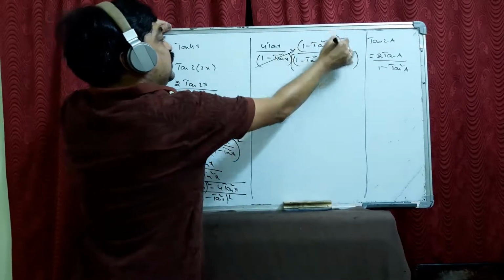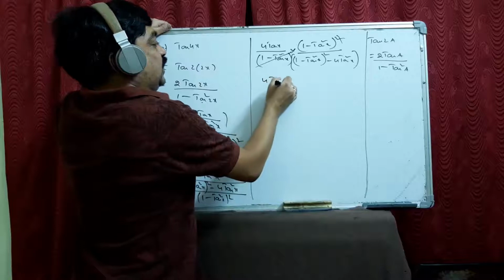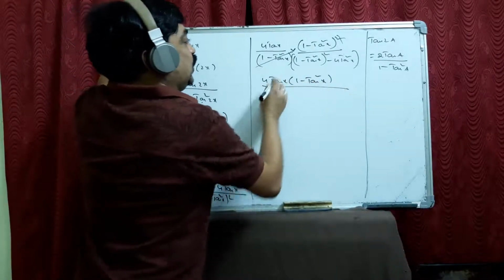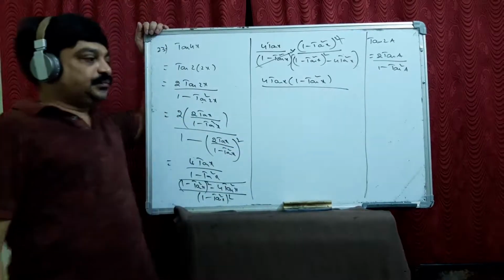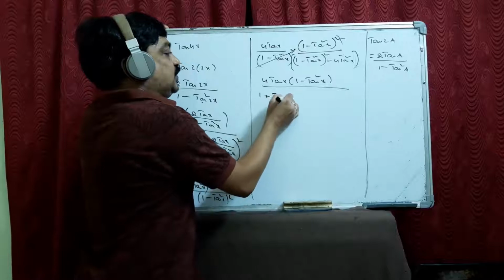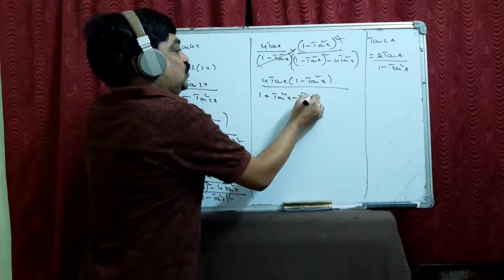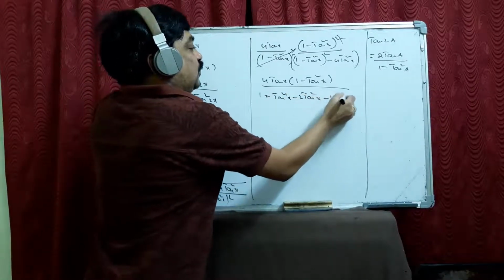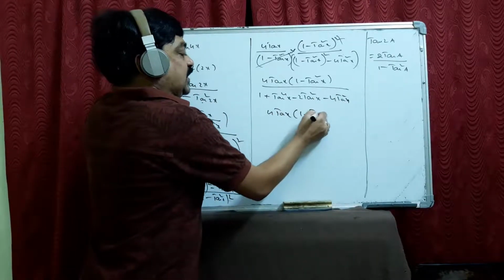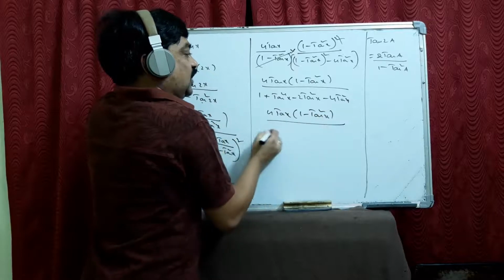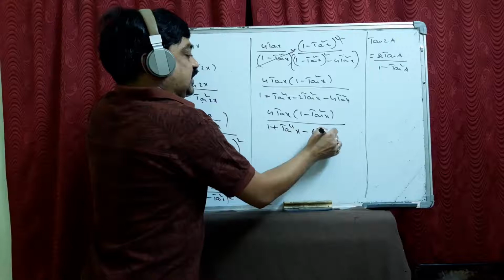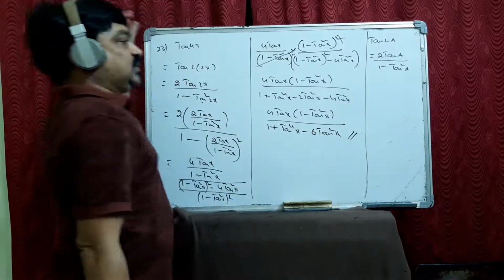Now you can cancel this with this. It becomes 4 tan x into 1 minus tan square x. The denominator, a minus b whole square becomes a square plus b square minus 2ab, minus 4 tan square x. So it becomes 4 tan x into 1 minus tan square x by 1 plus tan power 4 x minus 6 tan square x.